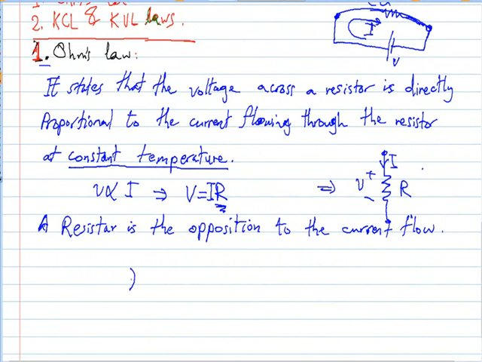For example, if we have a cylindrical metal with certain cross-sectional area, this is the area, and this is the length of the wire, and this metal has a resistivity which is determined from a table.